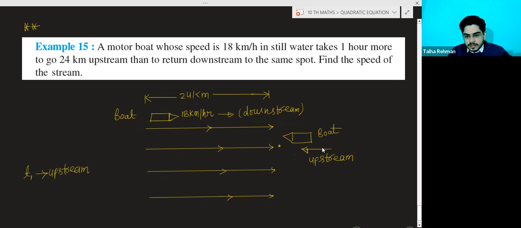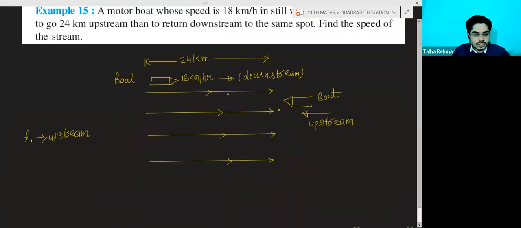This boat is going upstream, in the opposite direction of the flow of the water. Suppose T2 is the time taken by the boat returning like this, covering the same distance downstream.